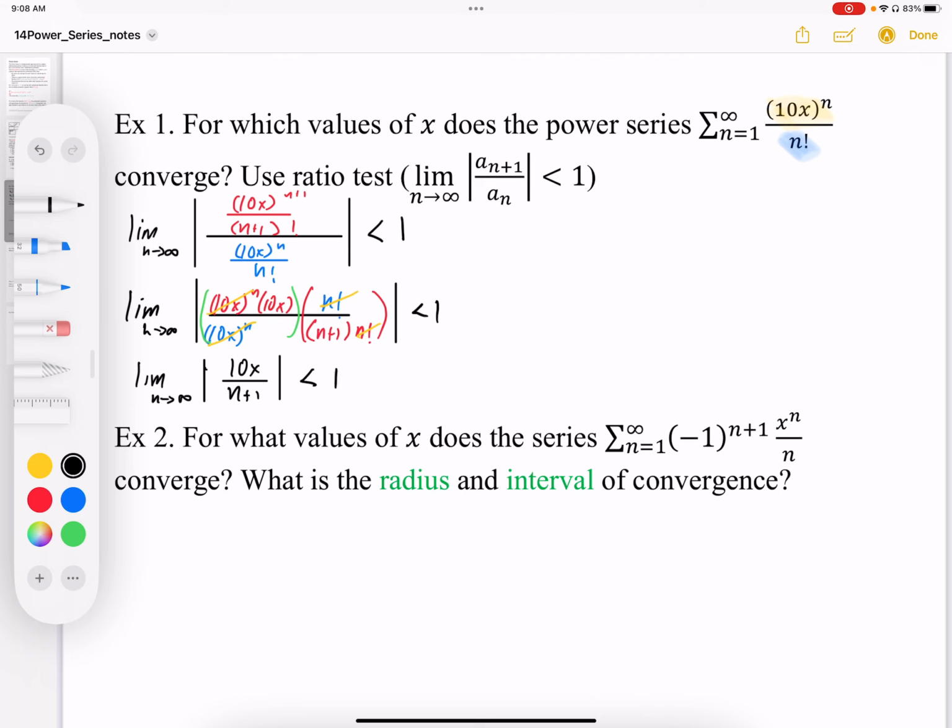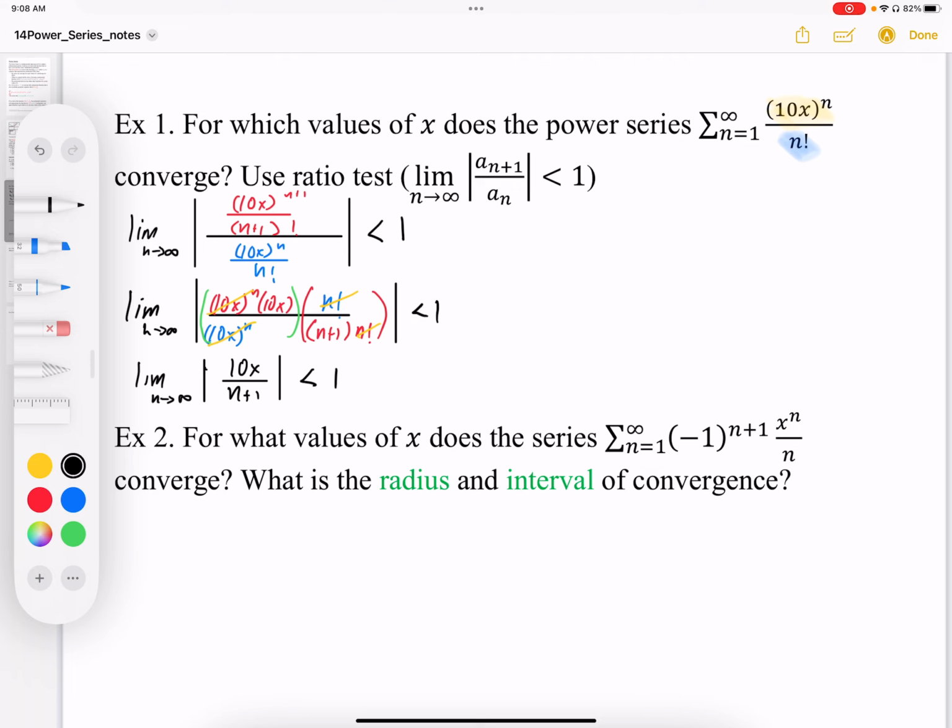In this case, if we let n go to infinity, the denominator is infinite. Although x can change, x is a finite number in the domain. So regardless of what happens here, n plus 1, as n goes to infinity, is going to outgrow the 10x. And so this is always going to be equal to 0.